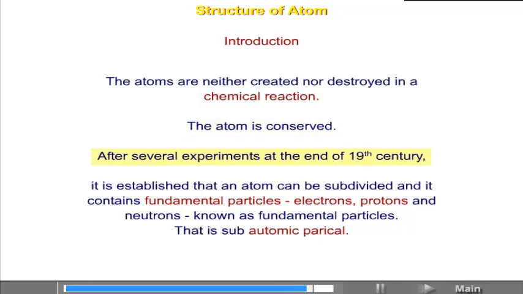After several experiments at the end of 19th century, it is established that an atom can be subdivided and it contains fundamental particles, electrons, protons and neutrons, known as fundamental particles, that is subatomic particles.